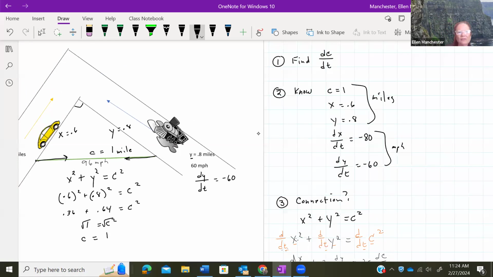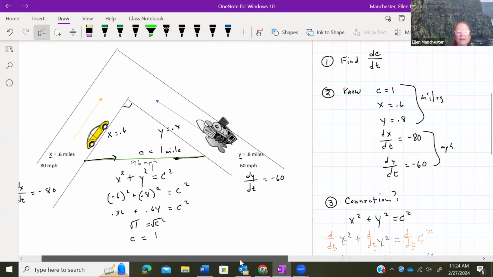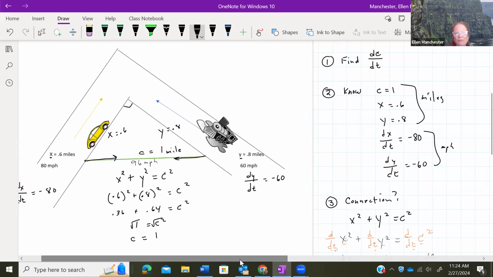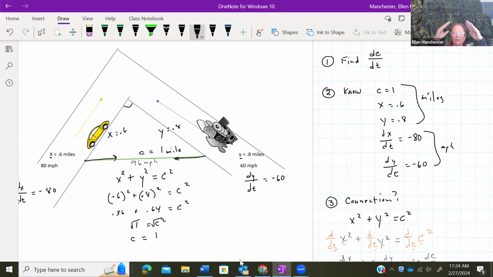So the chances of a car being able to cross in front of a train, even though it's less distance away from the intersection, and even though it's going faster than the train, your chances of making it is much less because of that physics of it closing in on itself.